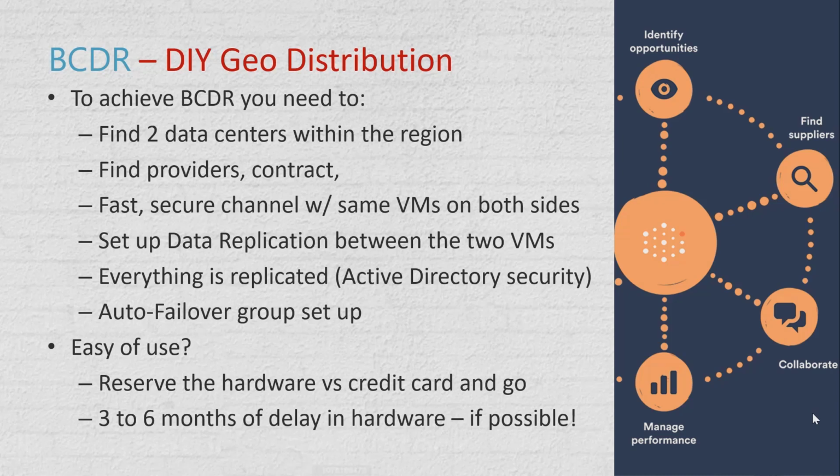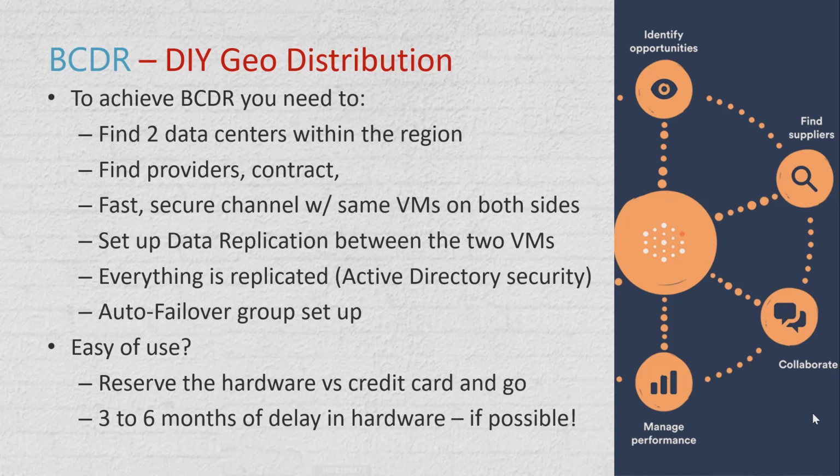Make sure that you can actually establish a fast, secure channel with equivalent VMs on both sides. You need to set up data replication between the two VMs, and then make sure that everything really is replicated, because if you have a failover and you need to log into the secondary data center, and Active Directory is just not there, there is absolutely no point in doing it.